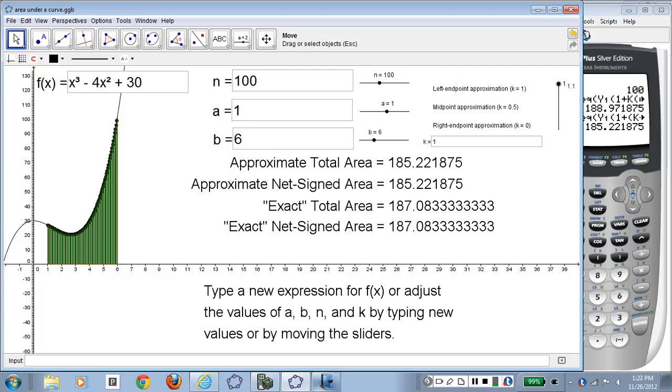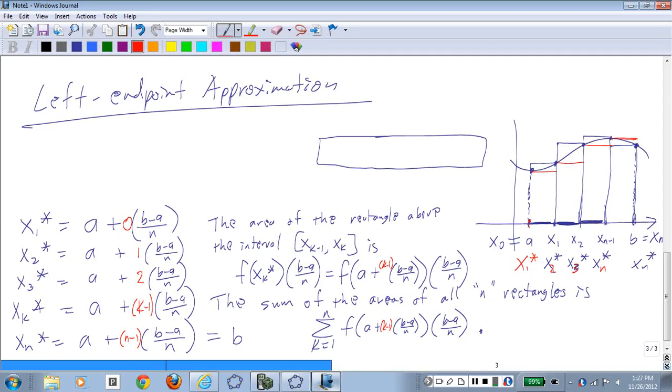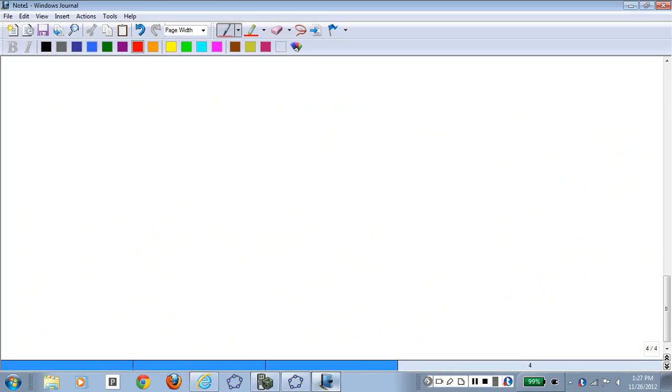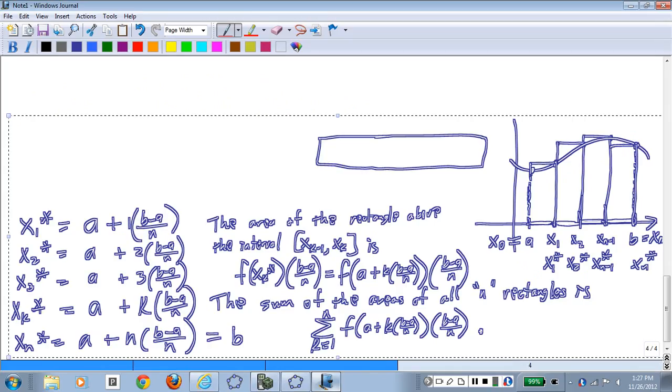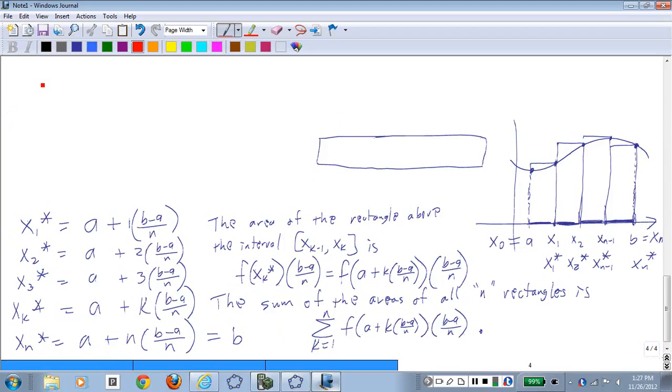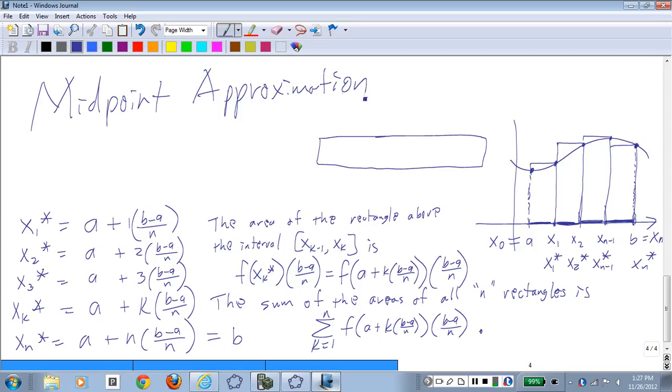For the midpoint approximation, let's see what changes. What's still on my clipboard? We can find out. Control V. All of that was still on my clipboard. So if I go midpoint approximation, I need an expression for x sub k star.